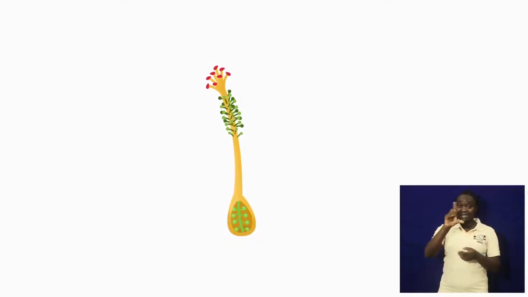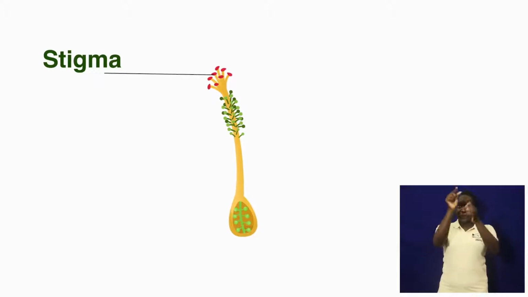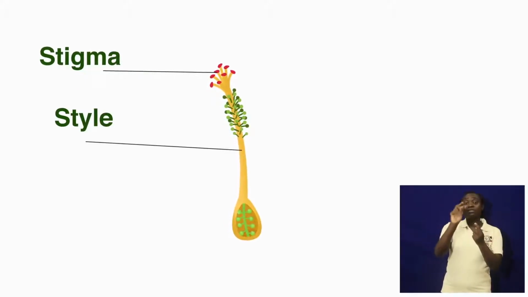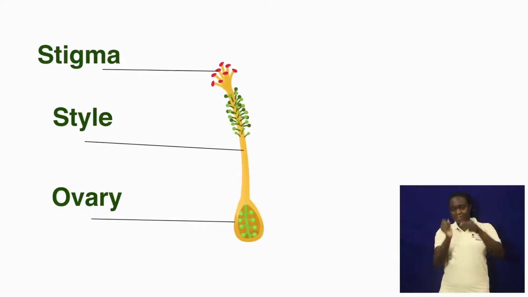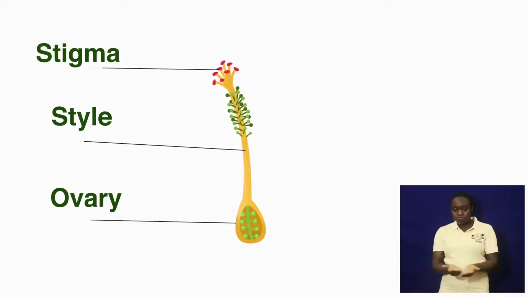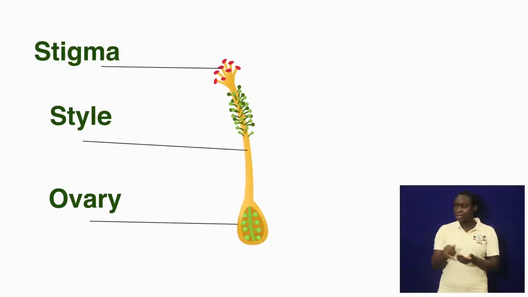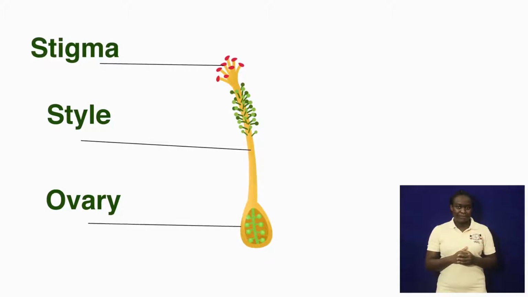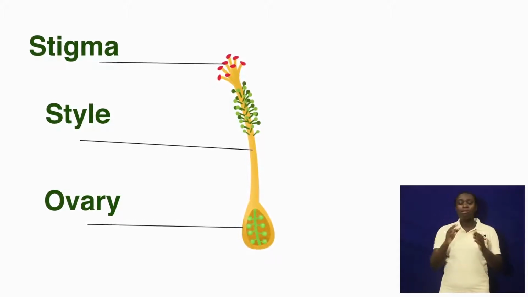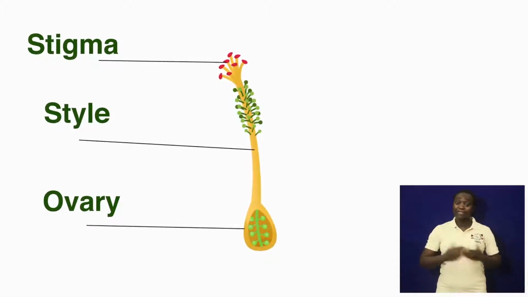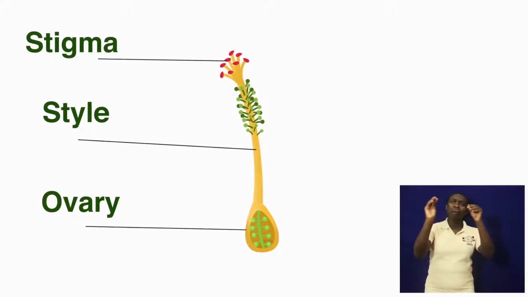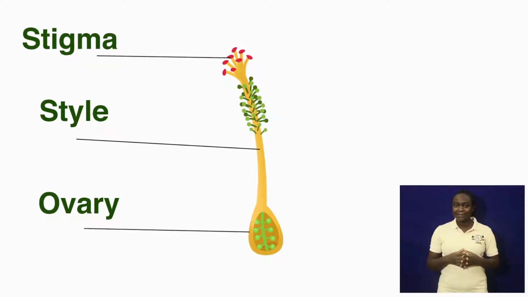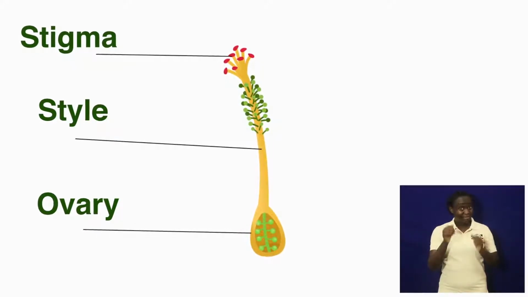Remember the stigma, remember the style, and then the ovary. I think you can do it. That's the diagram or the way we can sketch the pistil. So you can draw it and label the parts. I can see you can do it.